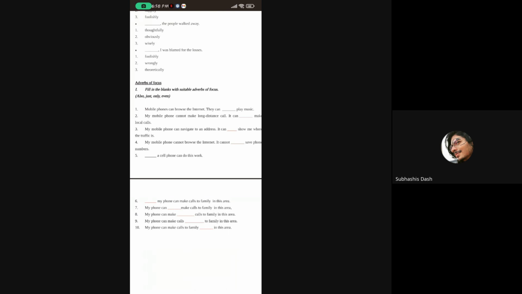You can keep shifting these adverbs from one part of the sentence to the next based on where you want to bring that focus. Okay. So since adverbs are in general fluid in nature and so are focus adverbs, you can move them from one place to another in a sentence to change the meaning or precisely to bring the attention to that particular part. Okay. So that's what adverbs of focus are.